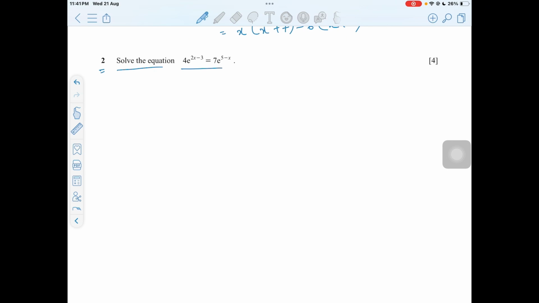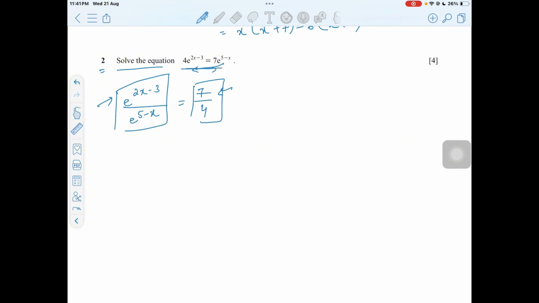What I mean to say is, let's just divide 7 by 4, and this e will be divided by e power 2x minus 3. We get each and everything on the right hand side and on the left hand side. What I mean to say is, our integers are on the right hand side, and our variables are on the left hand side, right?